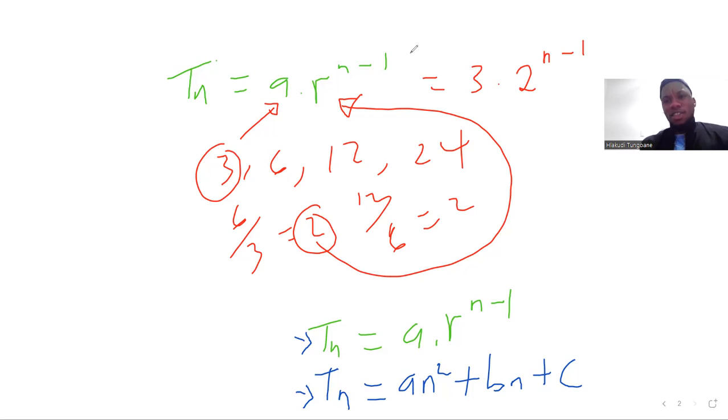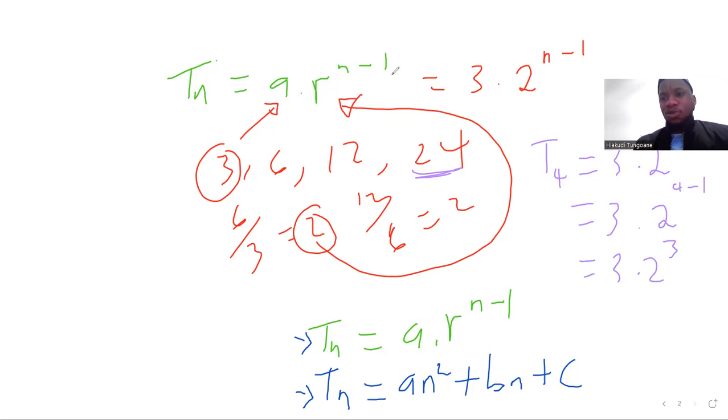Bingo. Essentially you can test this out. Let's say you are looking for T4, which is term number 4. We substitute into our formula: it's 3 times 2 to the power of N minus 1, where N is 4. So 4 minus 1 is 3, which gives 3 times 2 to the power of 3.